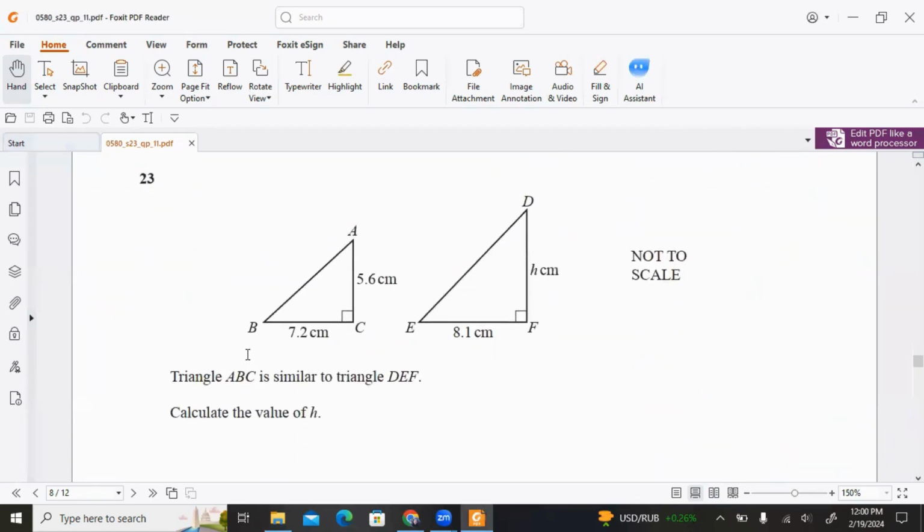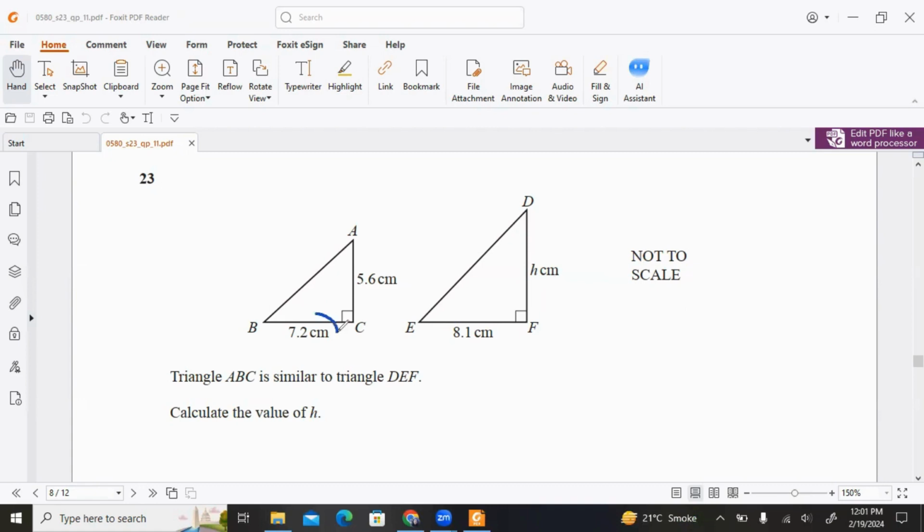Then question 23 is saying that we have two similar triangles, and they want us to find the value of h. When two shapes are similar, what we need to do is figure out the scale factor by which the other shape is increasing or decreasing in size.